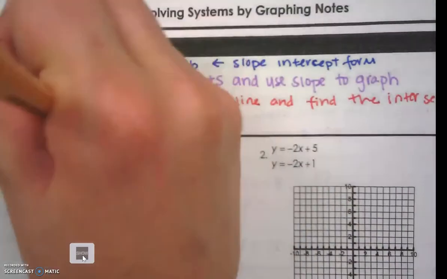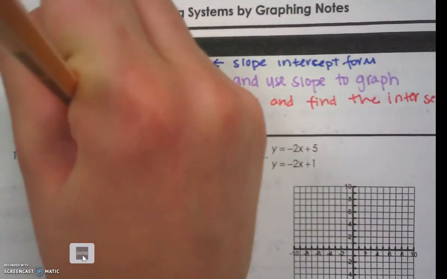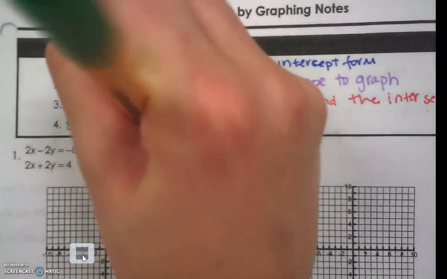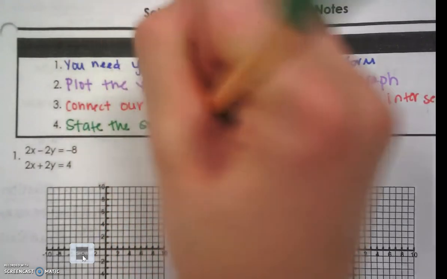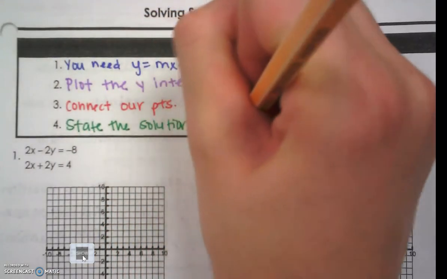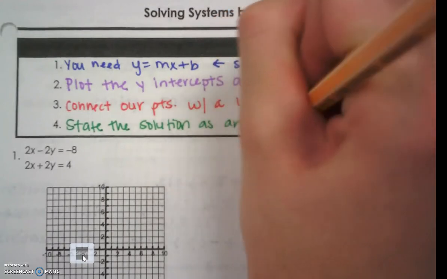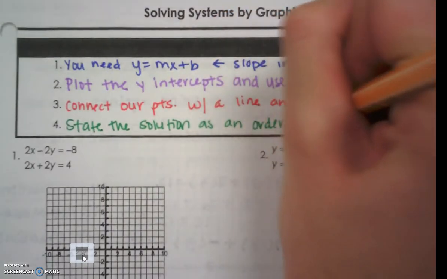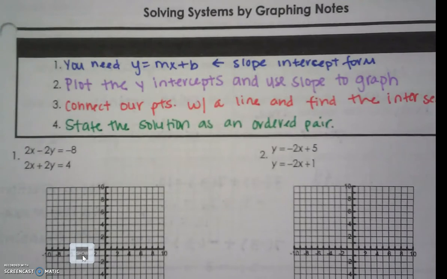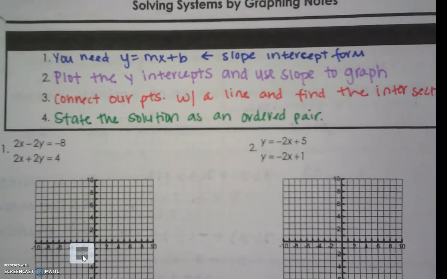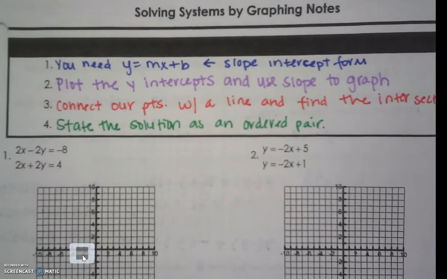So we're going to state the solution as an ordered pair. Alright, so steps that I think you can follow and that you can pretty much do in your brain.